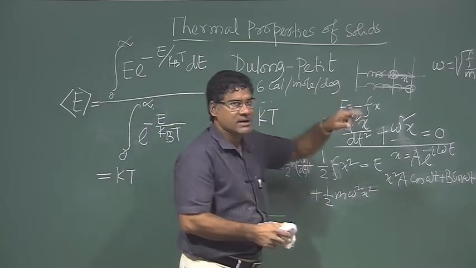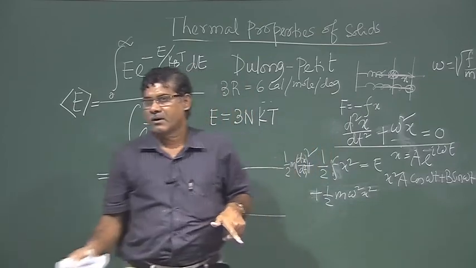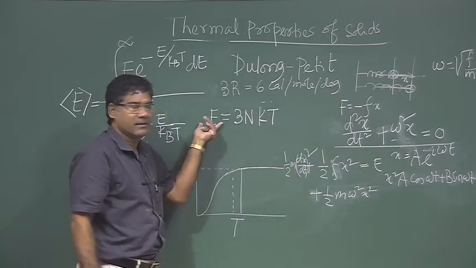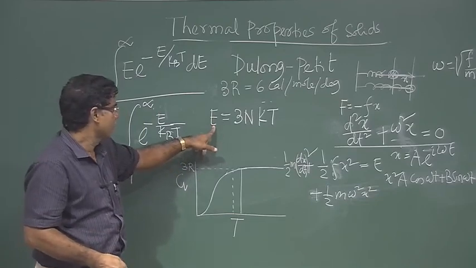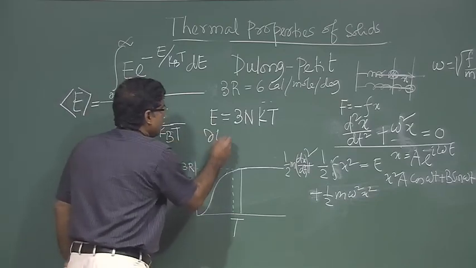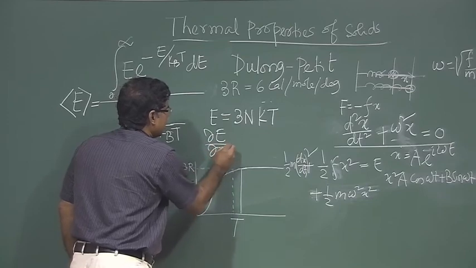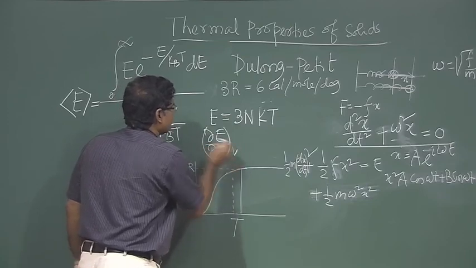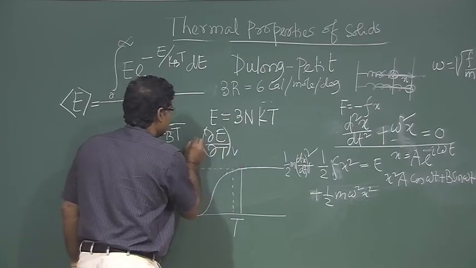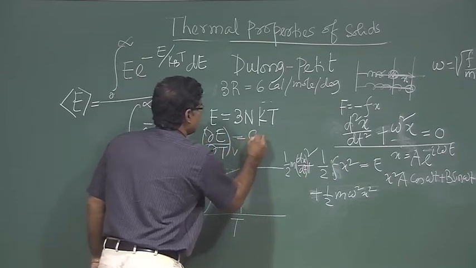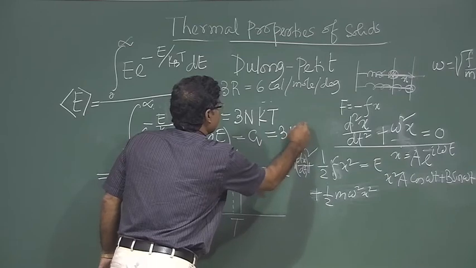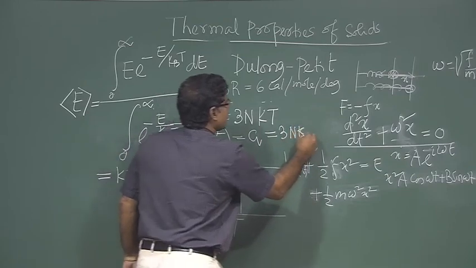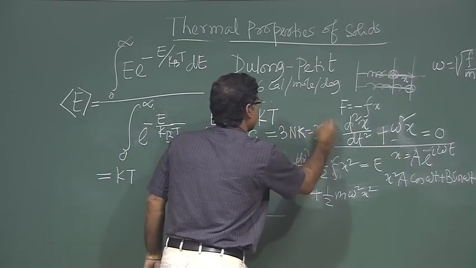Now, I am writing E here. Earlier I used U, internal energy, or Q, but instead of U I am writing E now. So, your del E by del T at constant V of your system is CV, and that you will get as 3NK, and NK is nothing but R, so 3R.